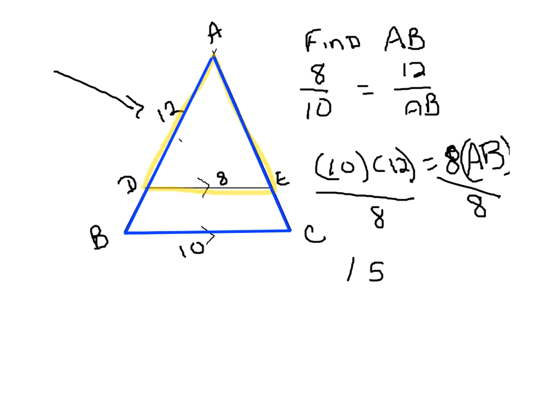And I get AB is 15. Okay, so be very careful that when you're looking at a problem like this, determining whether you have the side splitting or, in this case, you're using the similar triangles.